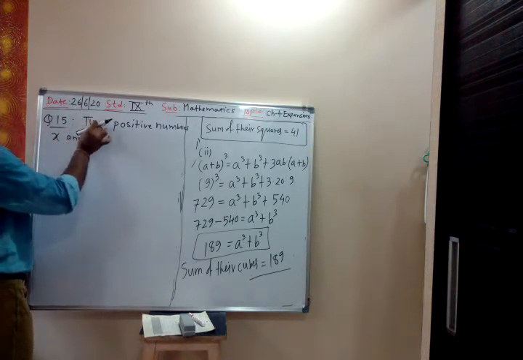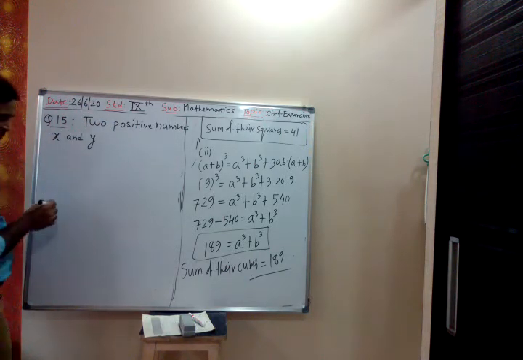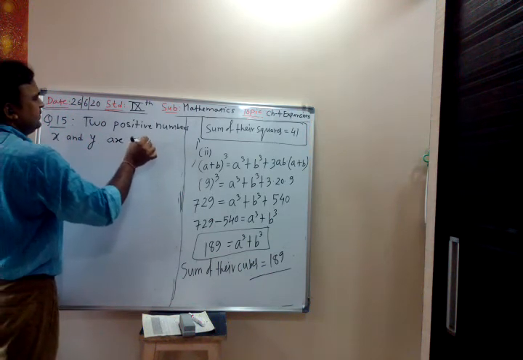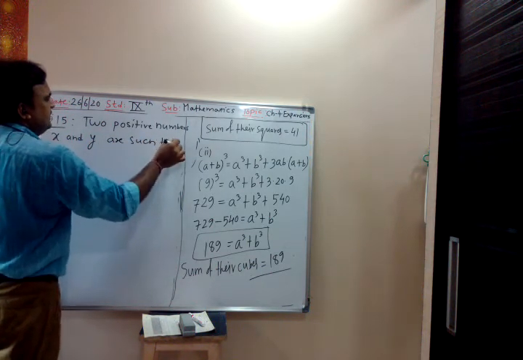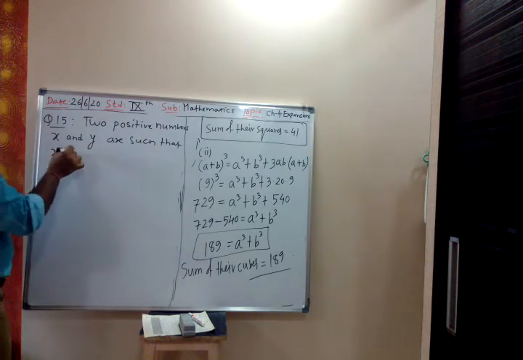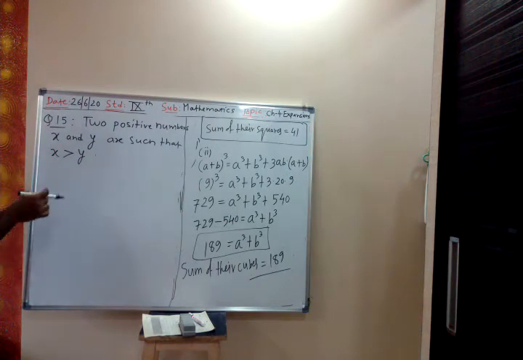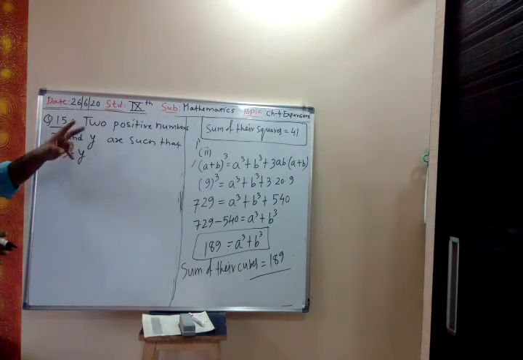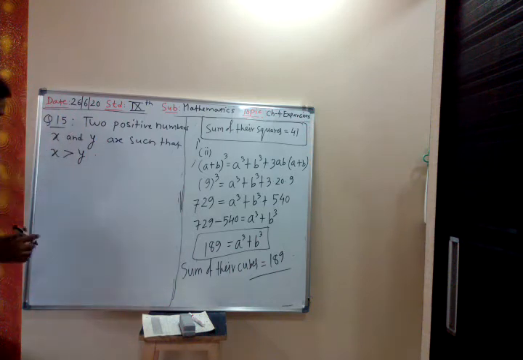Two positive numbers x and y are such that x is greater than y. Please mute the microphone. It is given that x and y both are positive and x is greater than y. Out of x and y, x is bigger than y.